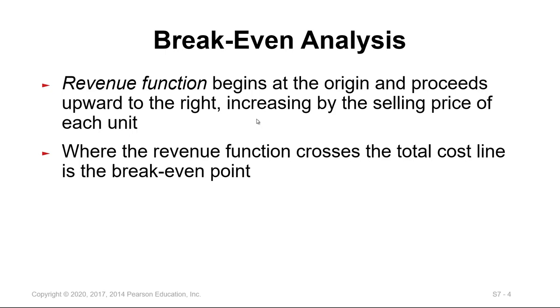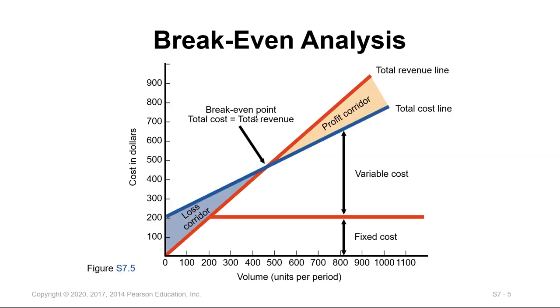The revenue function, which is the number of units multiplied by the price of a unit, will begin at the origin of the graph and proceeds upwards to the right, increasing by the selling price of each unit. The point where the revenue function crosses the total cost line is called the break-even point.